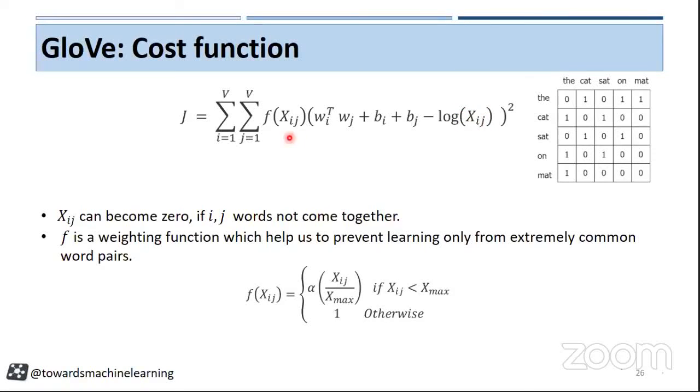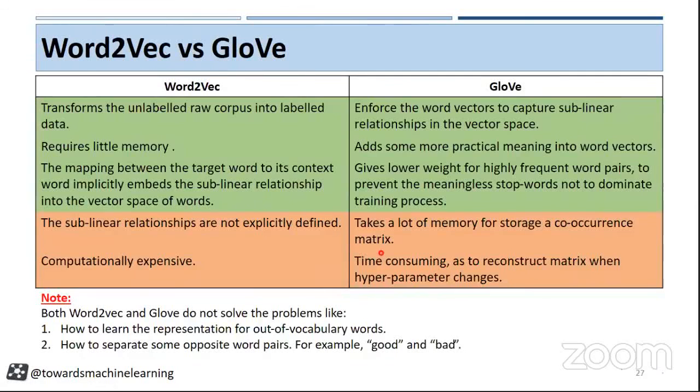Then automatically you will get a zero value, so this complete term will be eliminated from your cost function. This is how this weighting is useful here.